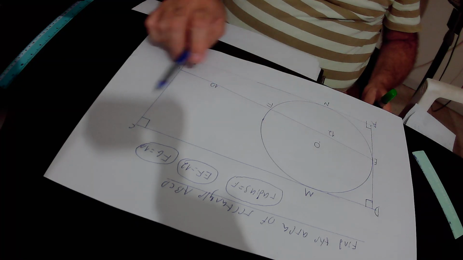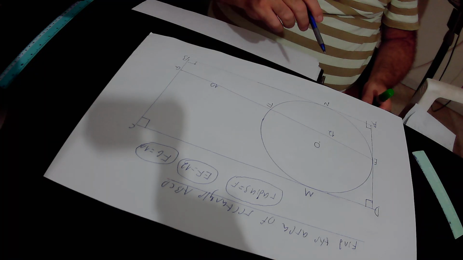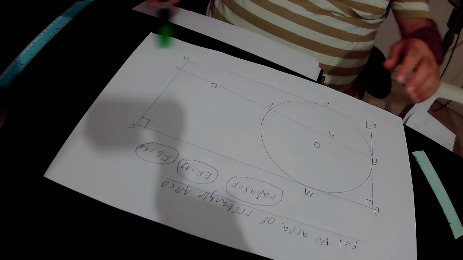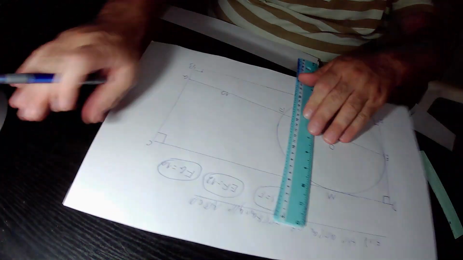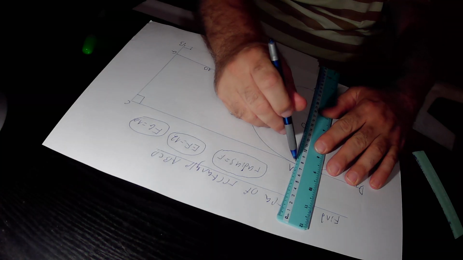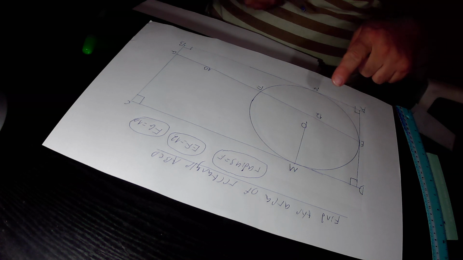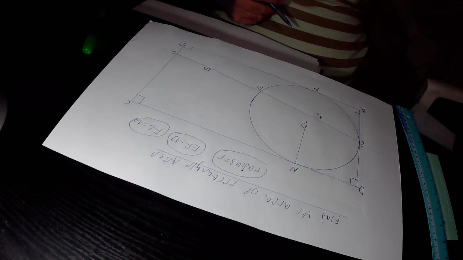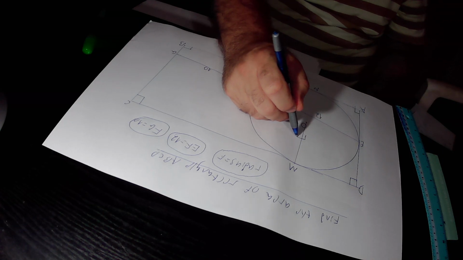Tangent DC is tangent to this circle at point M. So we join points O and M together by a straight line. Point O is the center of this circle, point M is a point on the circle itself, therefore OM is the radius of this circle, that equals R according to our definition.